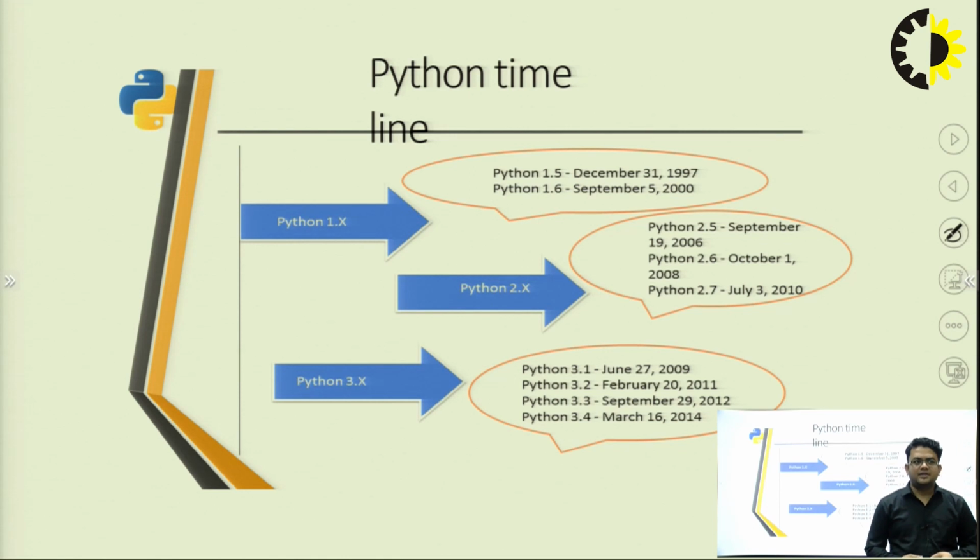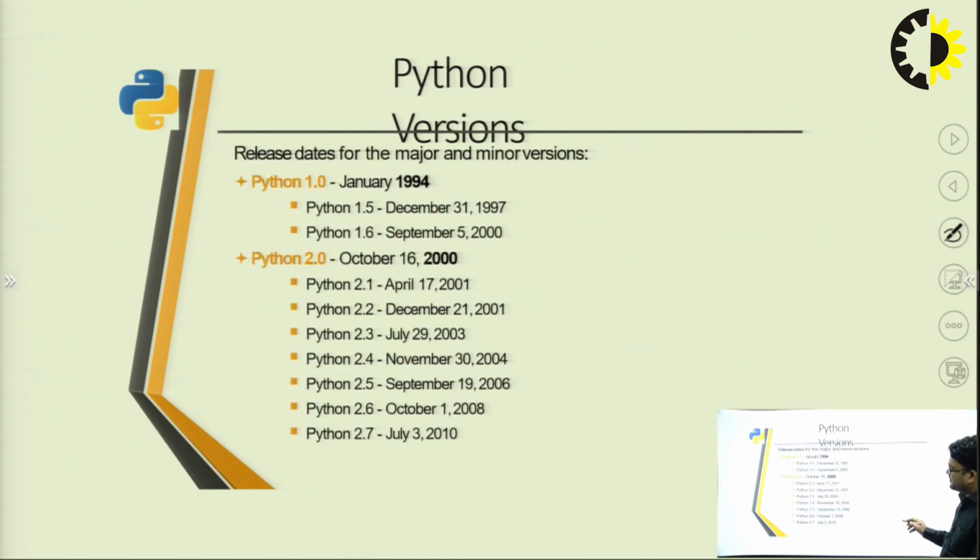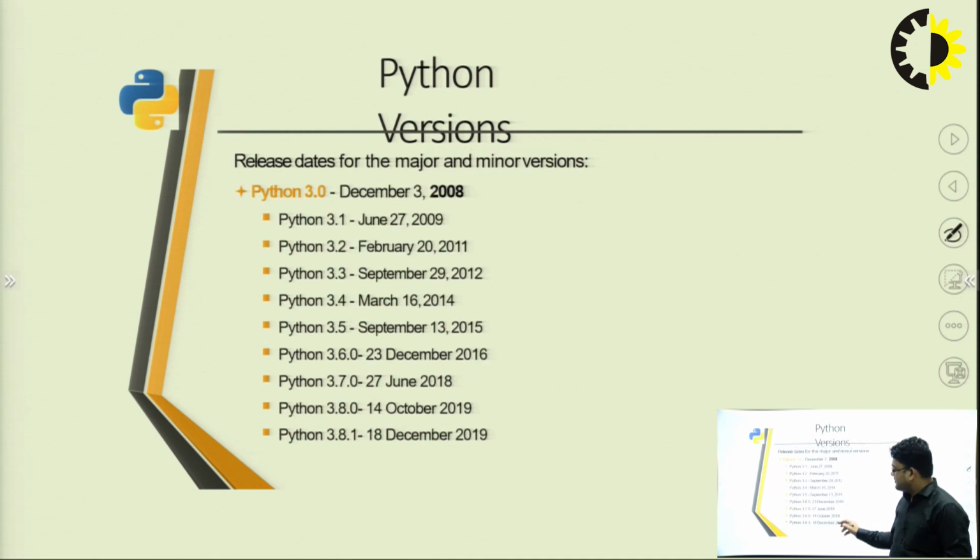So this is the Python timeline, showing when the different versions of Python were released, in which year. Python 1.5 was released in 1997, 1.6 in 2000, 2.5 in 2006, then 2008, 2010, 11, 12, 14, and a few more, like 3.5 in 2015 and 3.8.1 in December 2019.